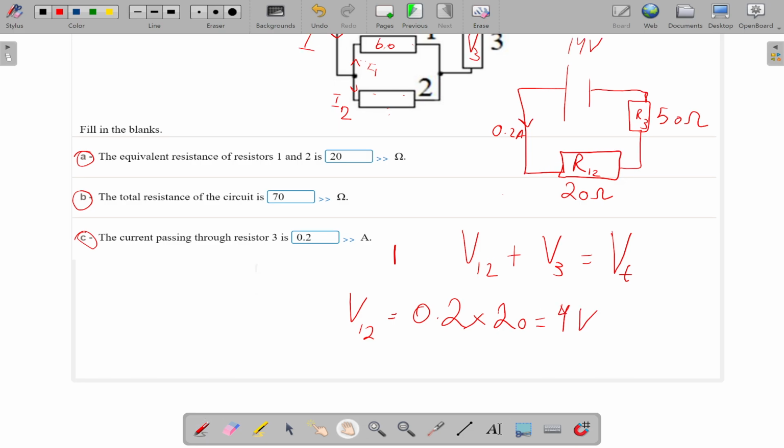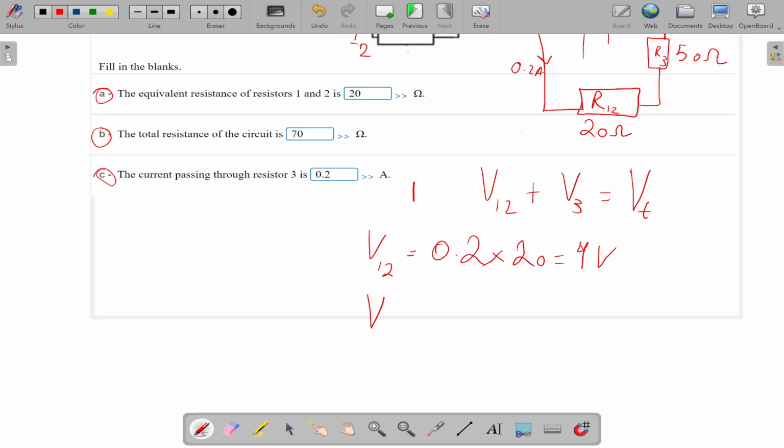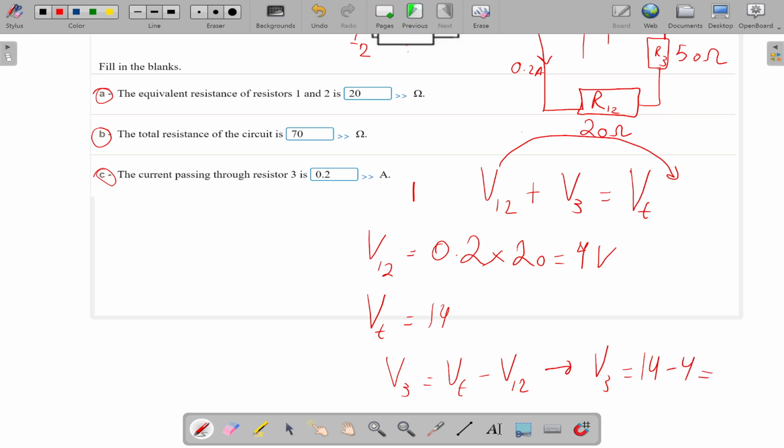The total voltage is 14, so V3 equals V total minus V12, which is 14 minus 4, giving me 10 volts. This is my final answer for part D.